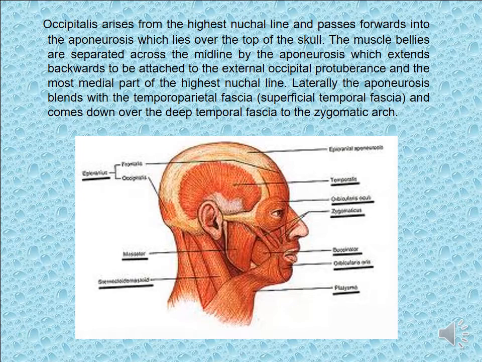Laterally, the aponeurosis blends with the temporal fascia, the superficial temporal fascia, and comes down over the deep temporal fascia to the zygomatic arch. The two sides of the occipitalis muscle, right and left, are separated by fibrous septa, an extension from the external occipital protuberance going anteriorly with the aponeurosis.